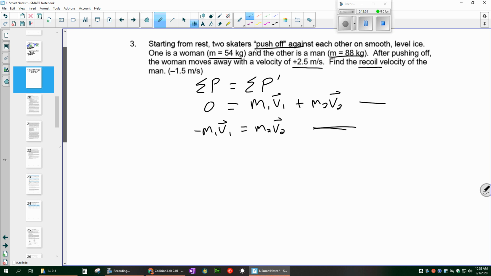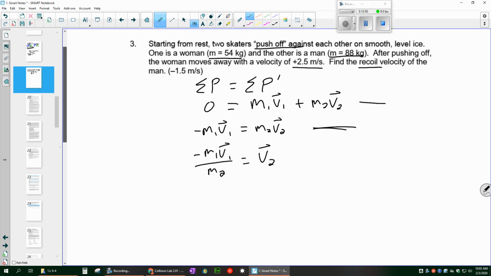Okay, so then in the end, divide by M2, so we're going to get negative M1 V1 over M2. So this one didn't actually turn out to be that much math involved, right? So put it all in.